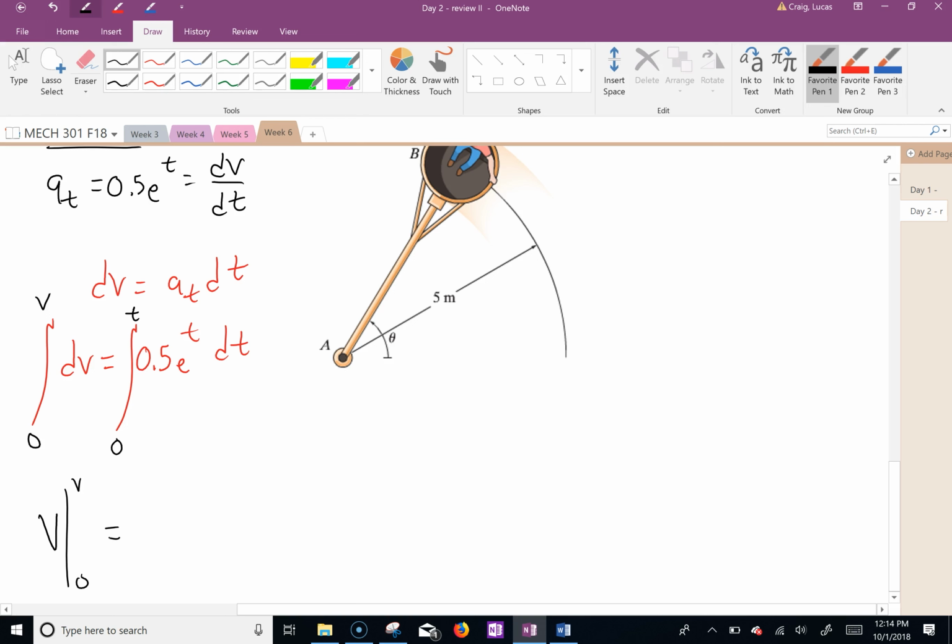Now what's this integration? Anybody know? The 1/2 comes out front. Integration of e to the t becomes e to the t. Yep. This is evaluated from 0 to t.